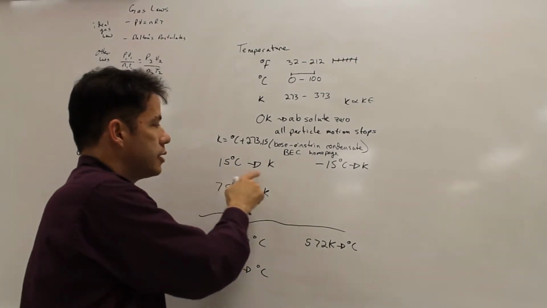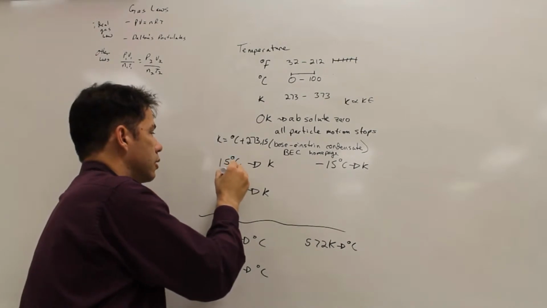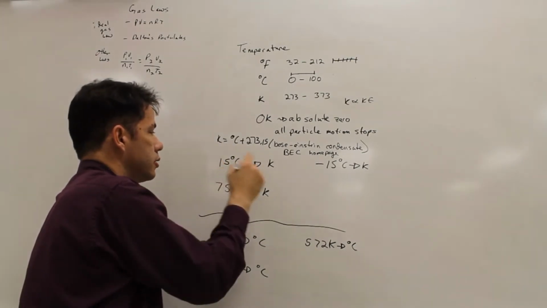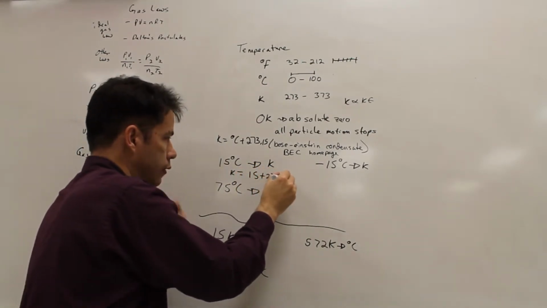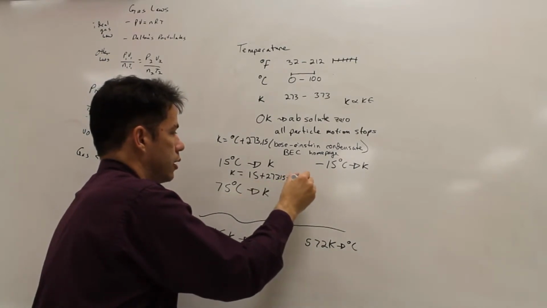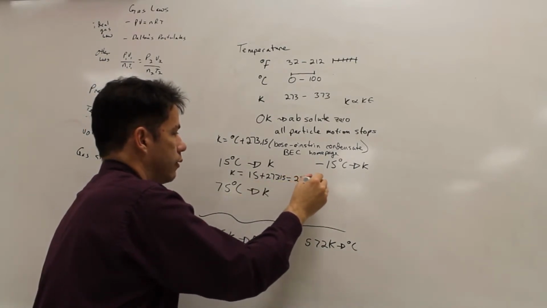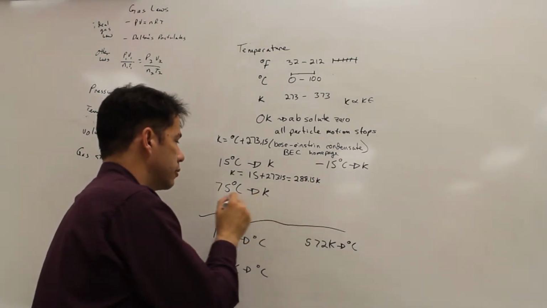So 15 degrees Celsius, let's convert it to Kelvin. Our formula is Kelvin equals degrees Celsius, which is 15, plus 273.15 equals, use your calculator, 288.15 Kelvin. Okay? Notice there's no degrees there.